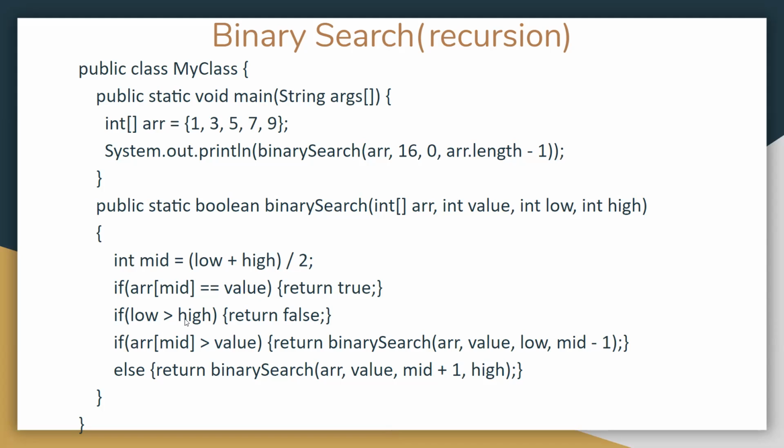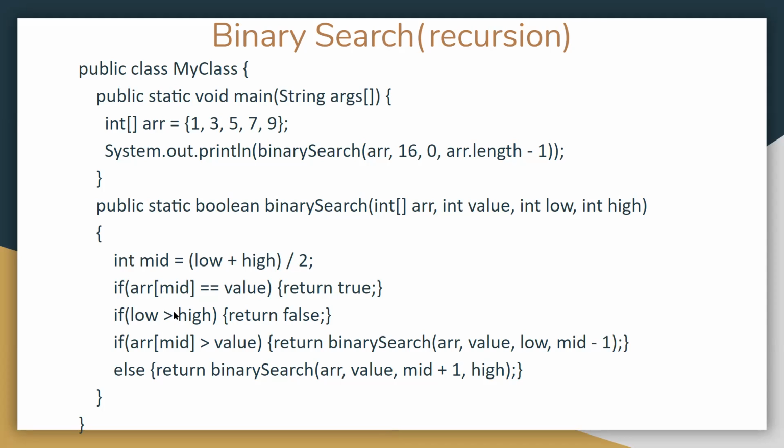You can see again, if low is greater than high, return false. In the while loop part, we're saying if low is less than or equal to high, then we continue running. But in this case, we're saying that if low is greater than high, then that's automatically false.